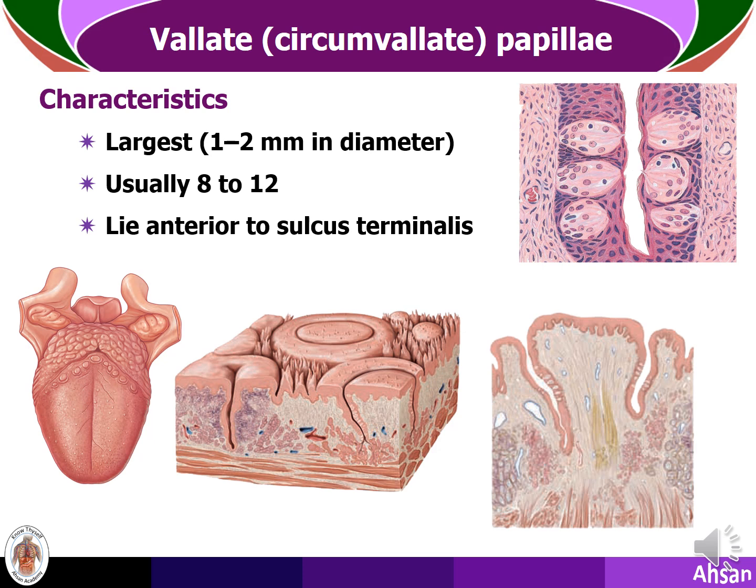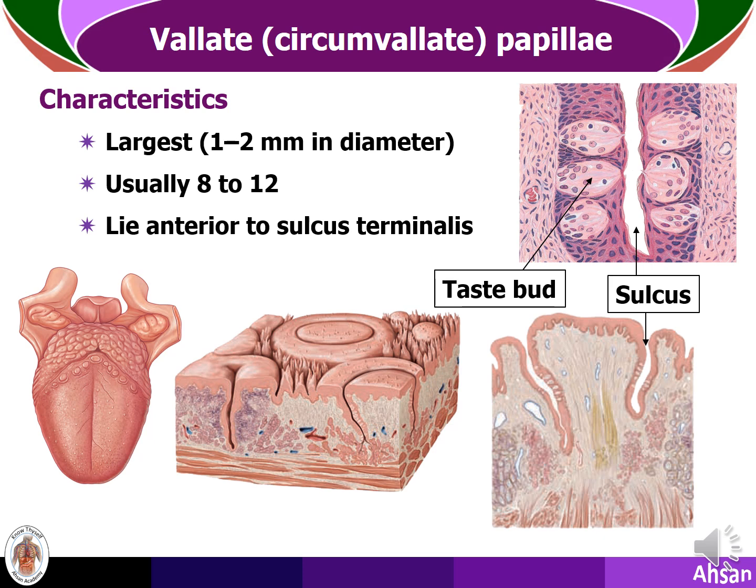The wall of the vallate papilla contains the taste buds, and in the deep cleft, the von Ebner's serous salivary glands open into the floor of the surrounding cleft. These are the sulcus you can see in the histological section. Taste buds are shown here.